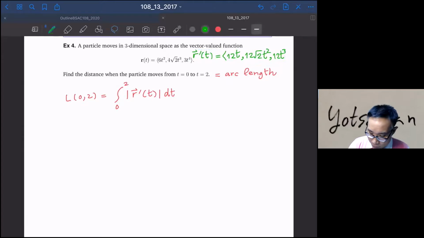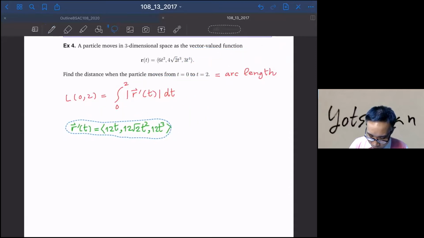And then you're going to just evaluate the integral. So you have r prime t equal to this one. Let me move this term down here. So you're going to compute the norm of r prime t.